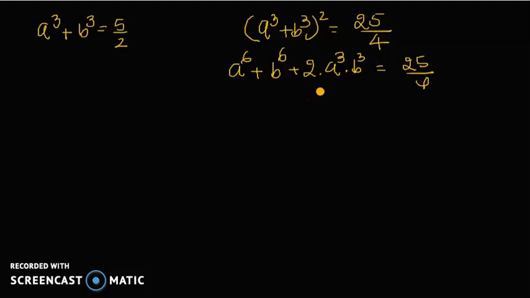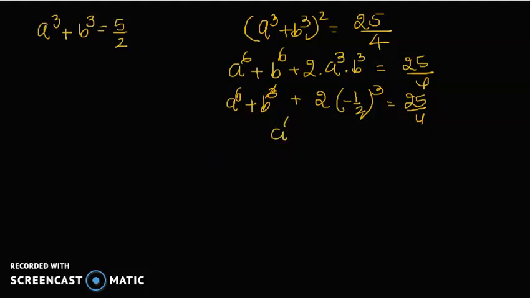Now for 2 times a cube b cube, we got earlier ab equals to negative 1 by 2. So ab is minus 1 by 2 and whole cube will be a cube b cube, and 2 times here. This is 25 by 4, and we have to find a6 plus b6.